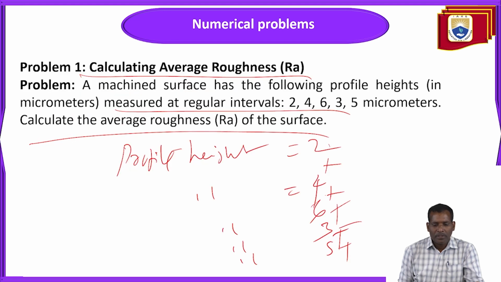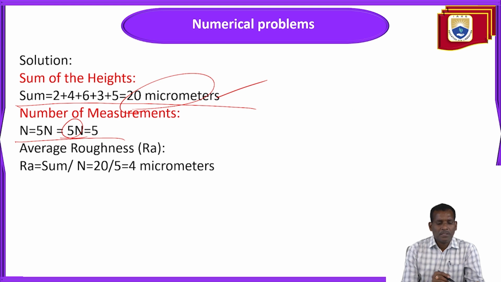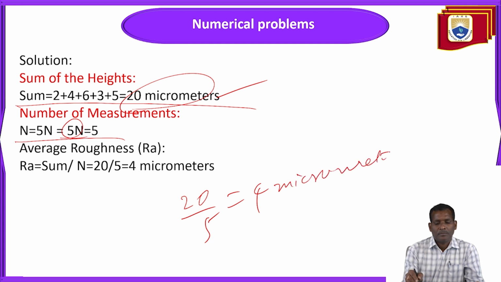So average roughness is the sum of the heights upon the number of intervals. So total sum is 20 by 5, so 5 micrometer. Obtained this value.